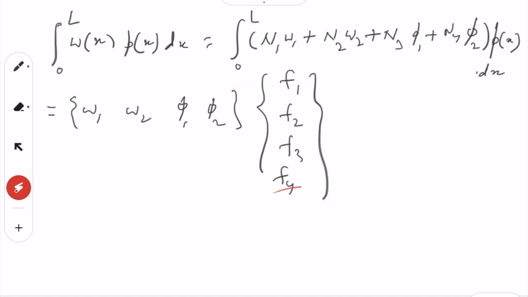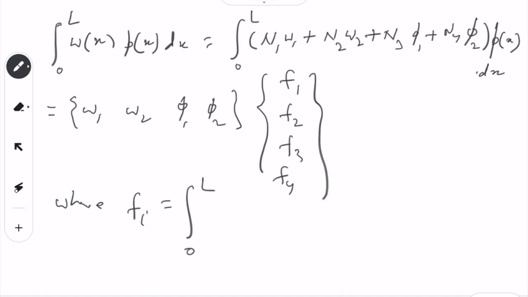So Fi is equal to integral from 0 to L of Ni(x) Px dx. That's it.